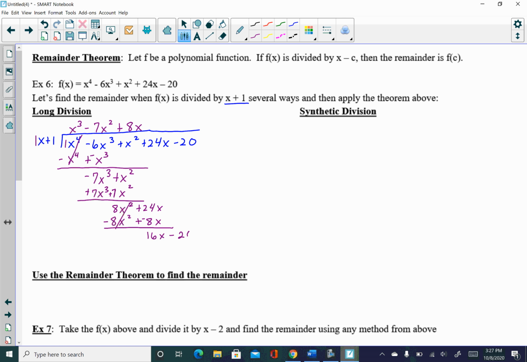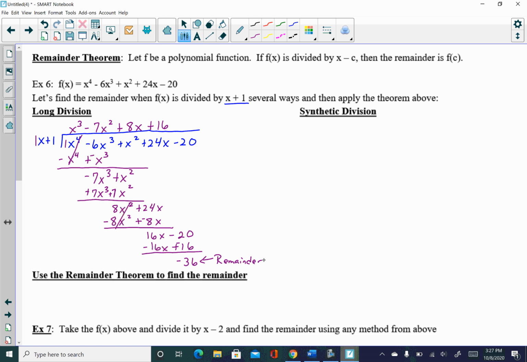Bring down that last term, minus 20. 1 times what gives you 16? Positive 16. 16 times x, 16x. 16 times 1, positive 16. Draw your line, change your signs, add down. You have negative 36. That's our remainder. That's classic old school long division. Okay, that's the way we find our remainder, negative 36.